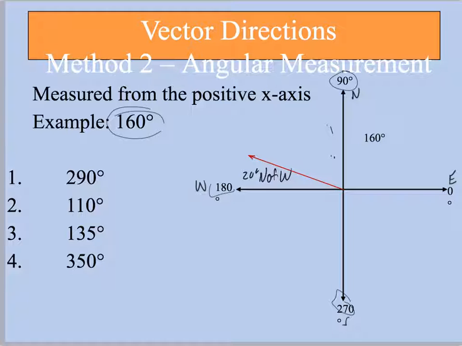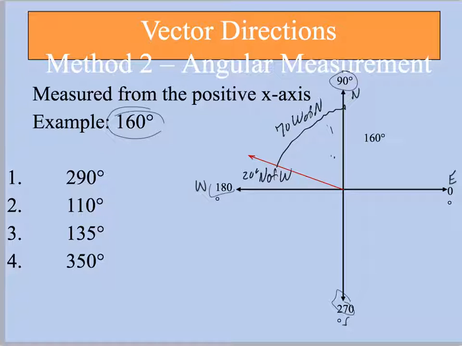Or I could do it a third way, and I could identify this angle here. And this angle is, of course, going to be 70 degrees, 90 minus 20. And it's going to be 70 degrees west of north.